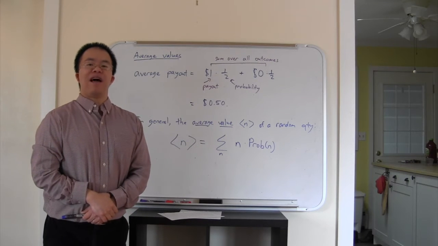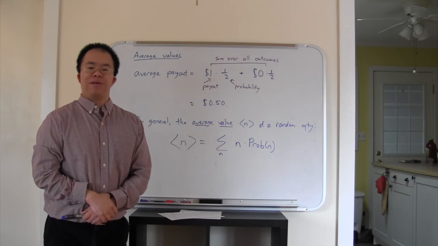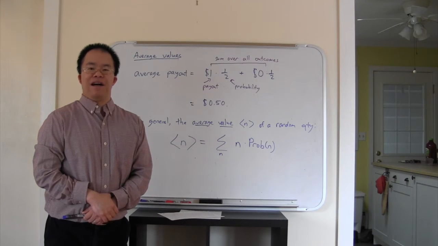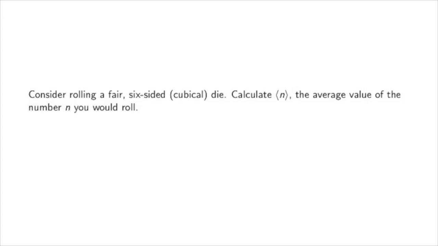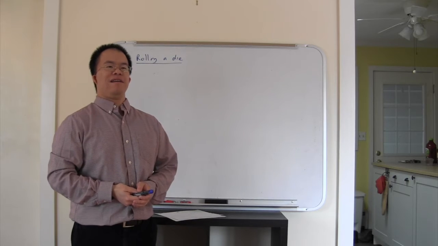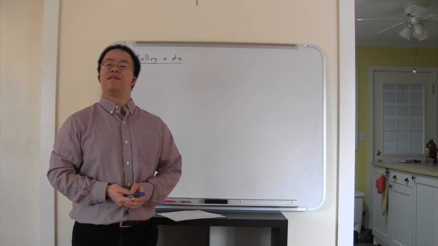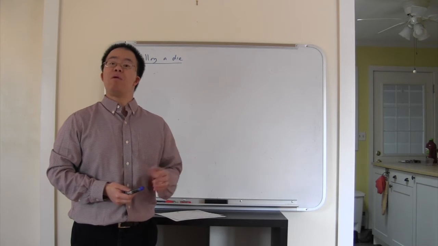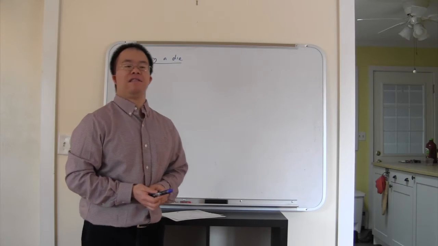So now, let's think about an example involving rolling a die. Let's think about the average value that you might roll when rolling a fair six-sided die.